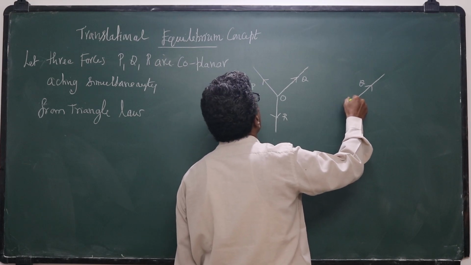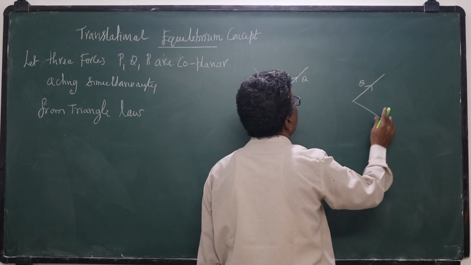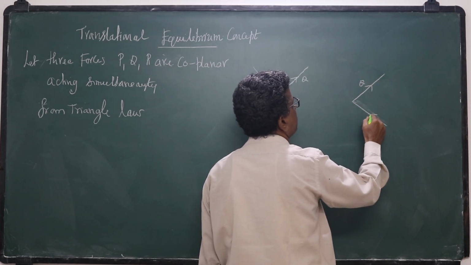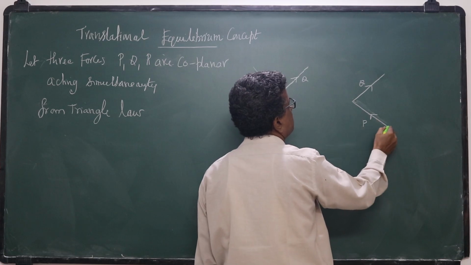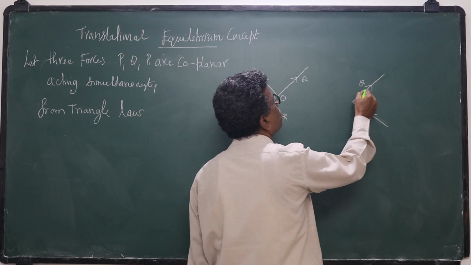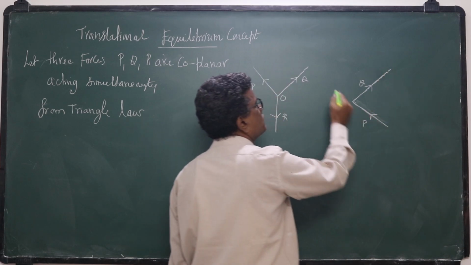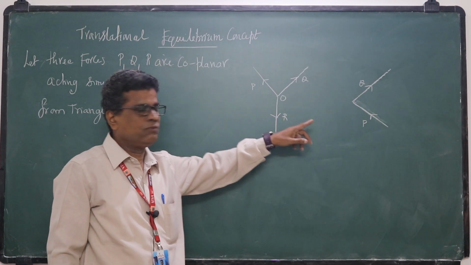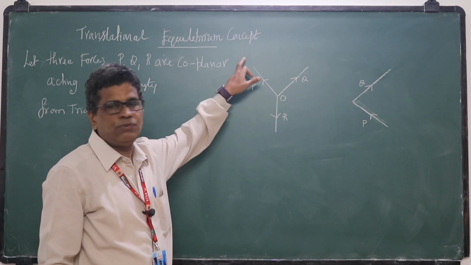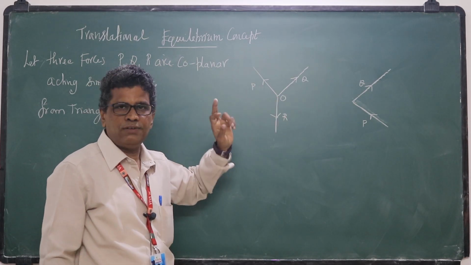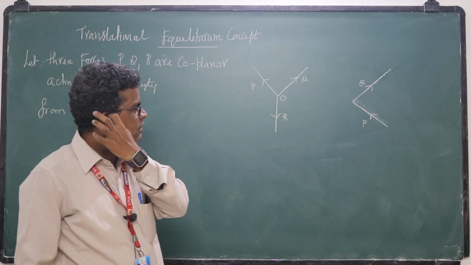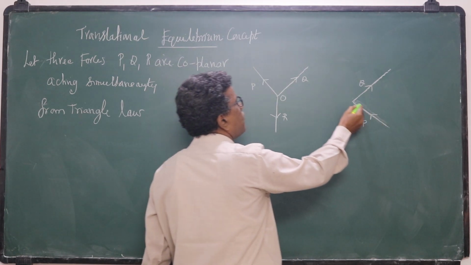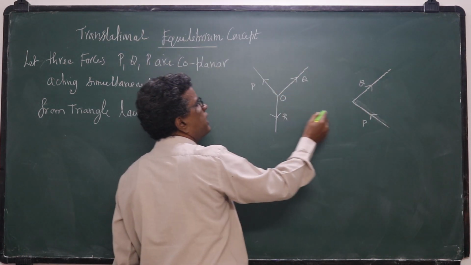This will be P. I will try to construct a triangle with the help of these three forces P, Q, R. P represents this side, both magnitude and direction.